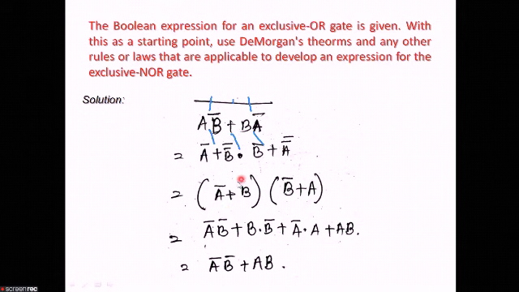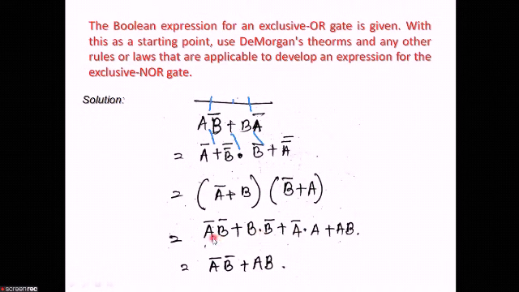Now just apply the distributive law. That is, you just multiply A bar into B bar, plus of B into B bar, plus of A bar into A, then plus of A and B. So this one is A bar B bar. This one is 0. This one is also 0. That is, B into B bar is 0. Again A into A bar is 0.